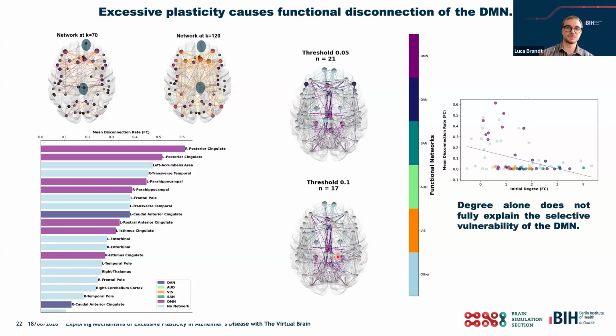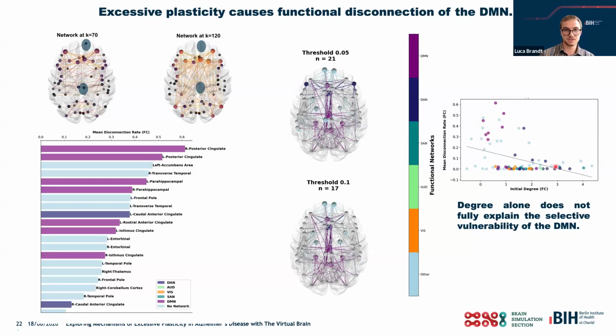The first property that comes to mind is the degree. We look at the initial degree, before plasticity was applied. If the degree is low enough, then it doesn't have so many connections to lose, so it gets more easily disconnected. And this is partially true.